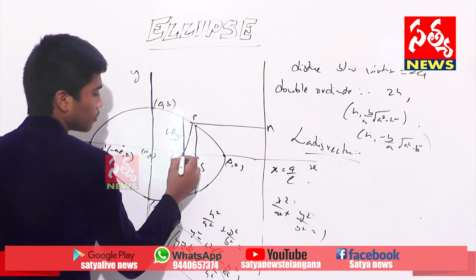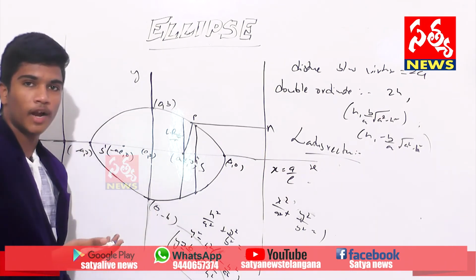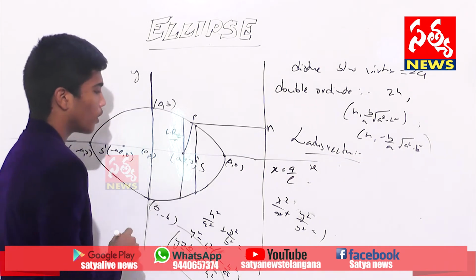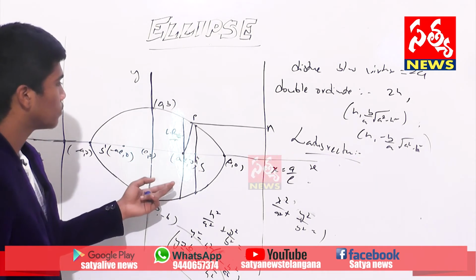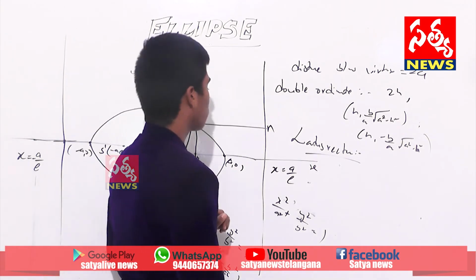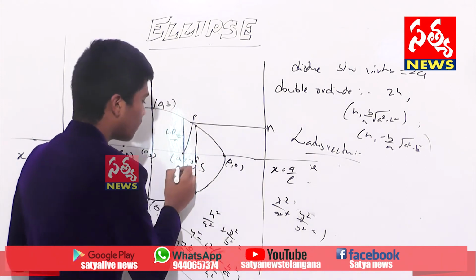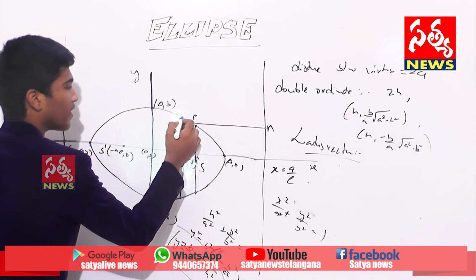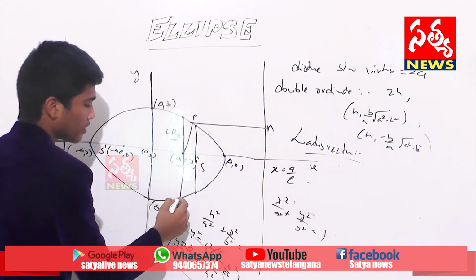Okay. Now, if we want to find the length of latus rectum, what do we do? Just see, put the value of ae in the equation so that we get the y value up here and down here.